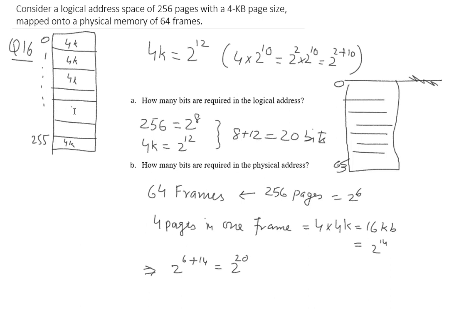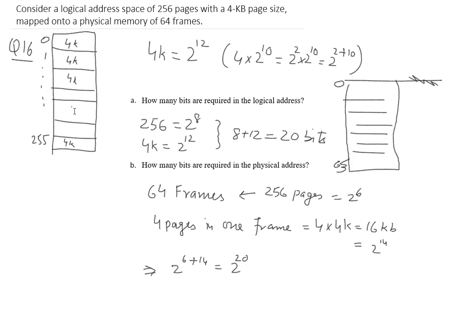Now it's not written what the size of a frame is. Normally the page size and the frame size are the same. But here the size of a page is 4 kilobytes and we have 256 pages, but we have 64 frames only.